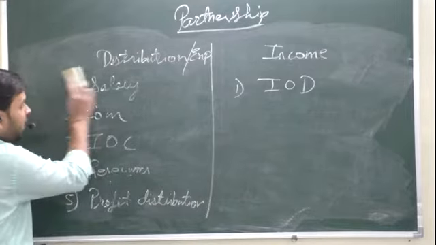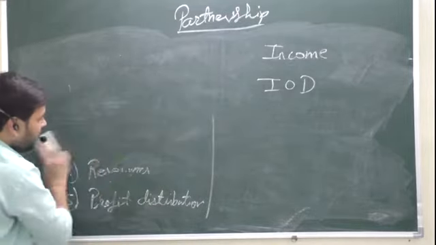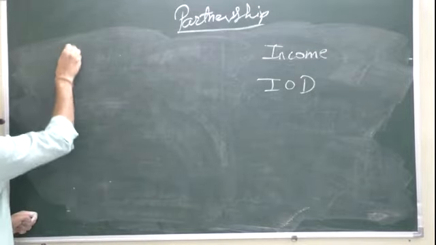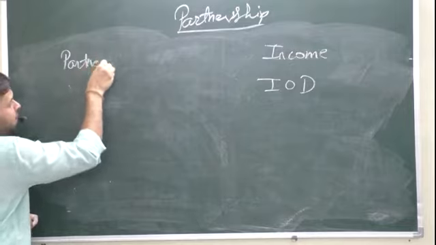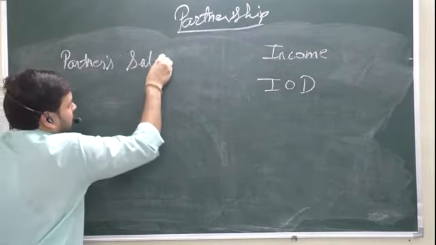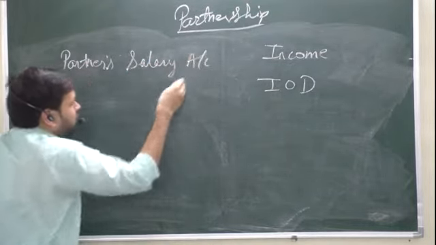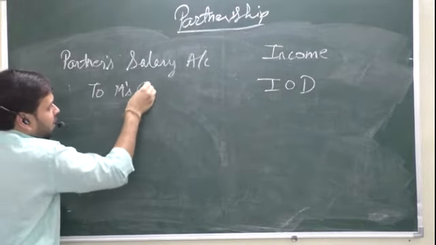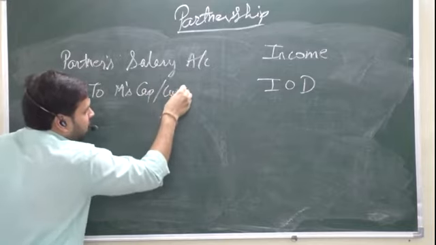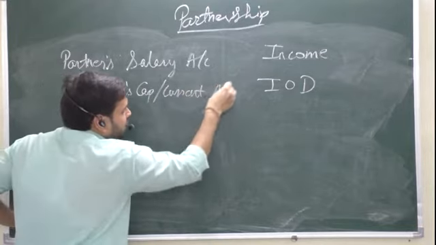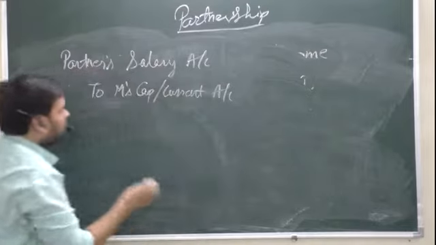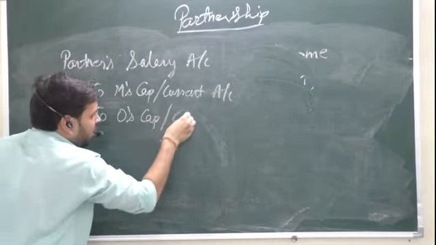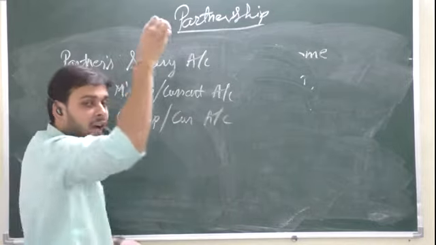So the journal entry for the distribution of salary to the partner will be: Partner's Salary Account debit, to M's Capital or Current Account, to O's Capital or Current Account.